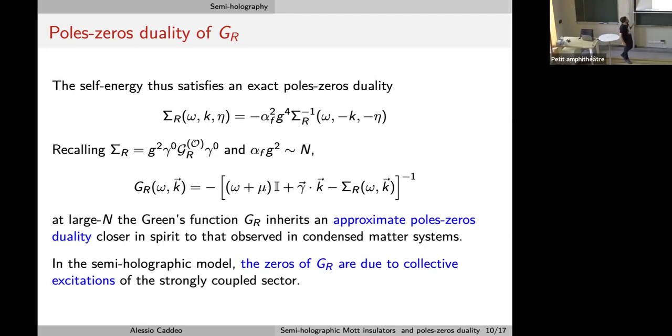This kind of duality is close in spirit to what one observes in mathematical solutions of the Hubbard model in condensed matter systems.